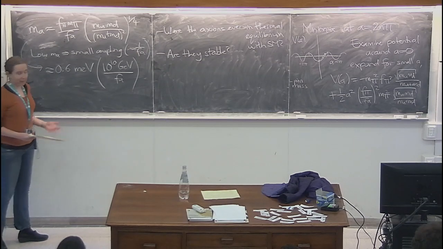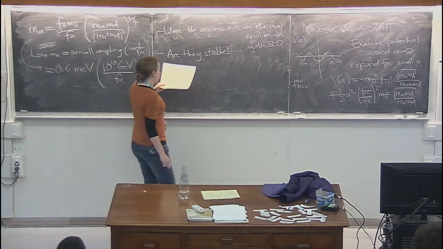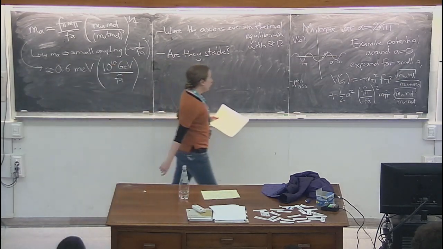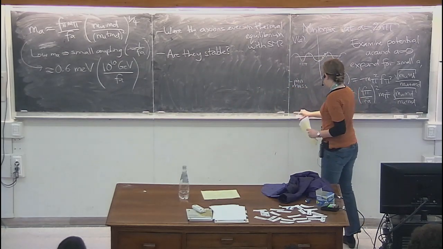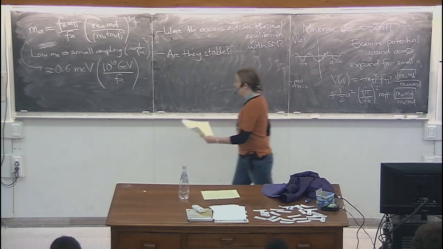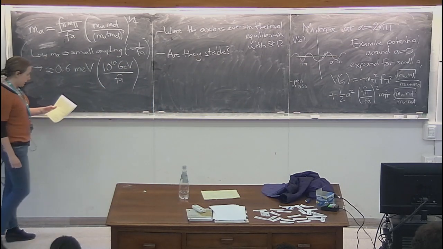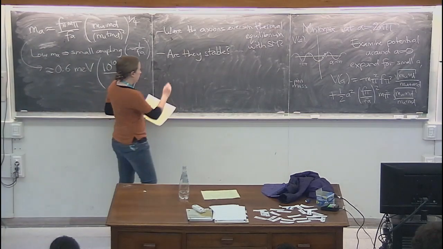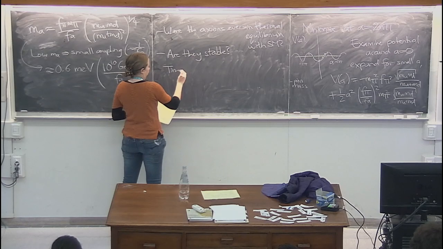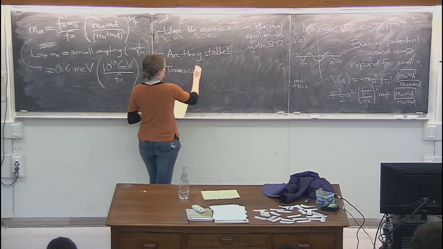So you can estimate the time scale for the axion to decay into visible stuff. If they're this light, they can probably only decay into massless particles. So you can look at the time scale for decay to photons. And a parametric estimate of the time scale for decay to photons, I'm going to make a bunch of statements without proof here, just to give you a picture of what is the available landscape for axions.